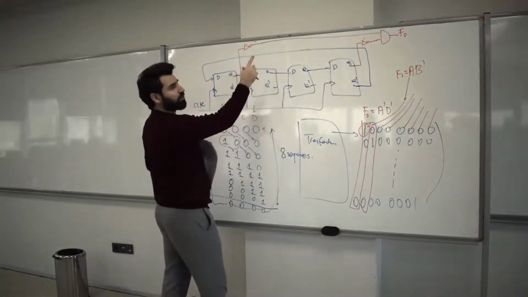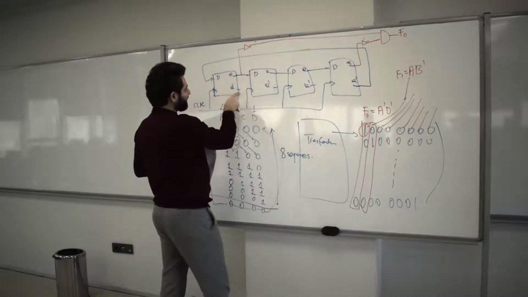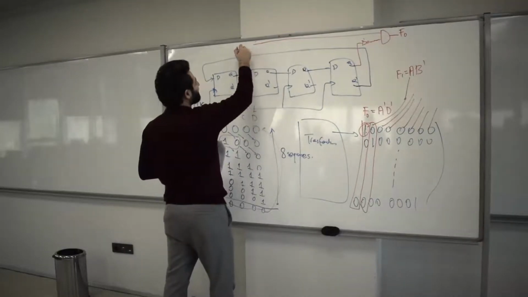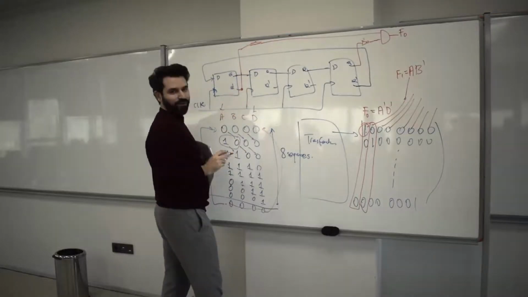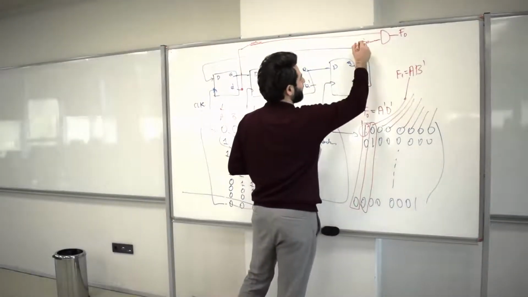Oh, by the way, you don't even need to use NOT gates, right? Because A NOT is already there, so you don't need to spend a NOT gate here because this is actually now available. And similarly here too, you don't need to do that.